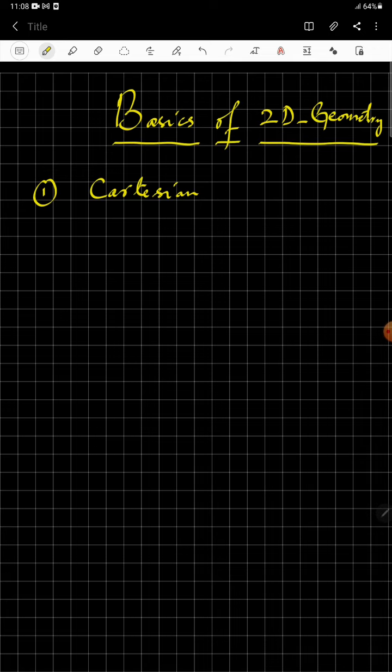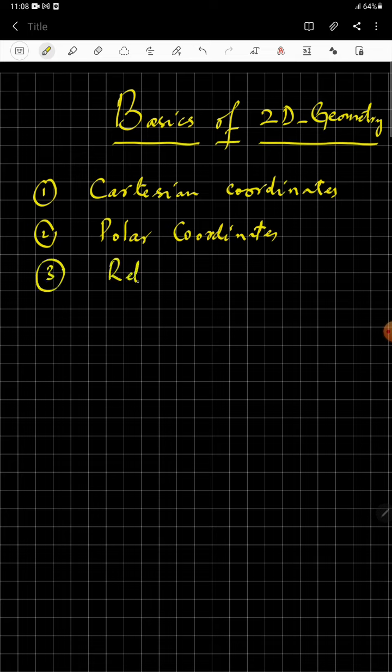Cartesian coordinates. What are Cartesian coordinates? And what are polar coordinates, and what is the relation between Cartesian coordinates and polar coordinates?